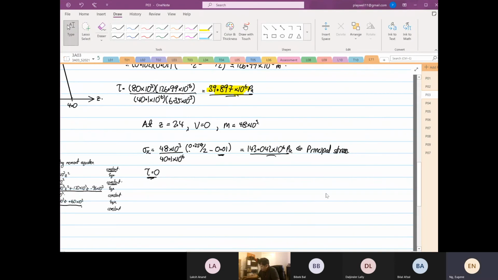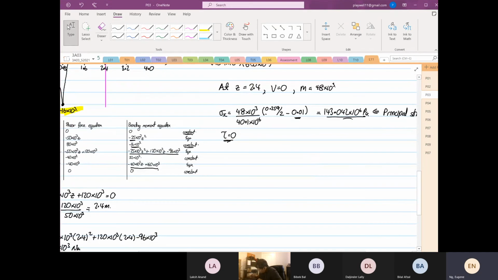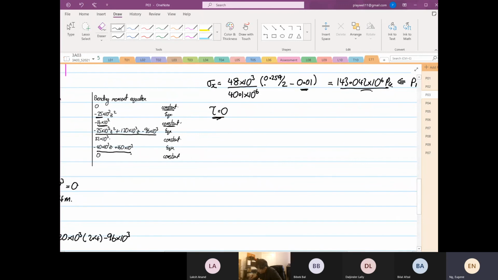Okay, so the last position we're going to check is at Z equal to 3.2 meters.